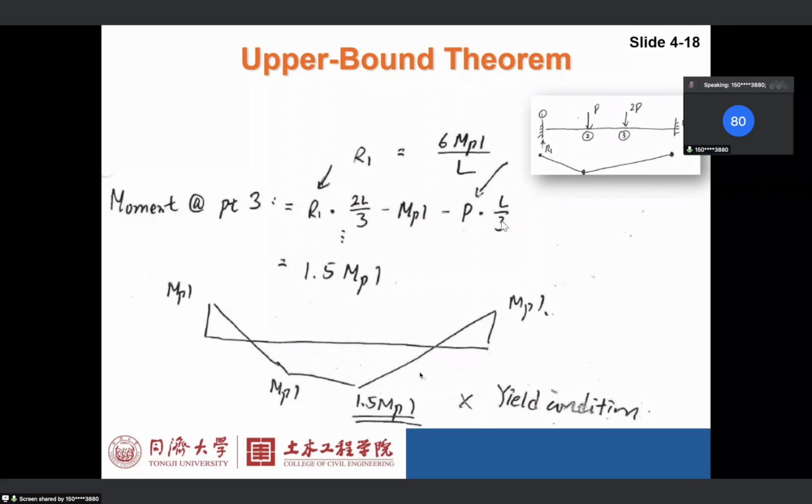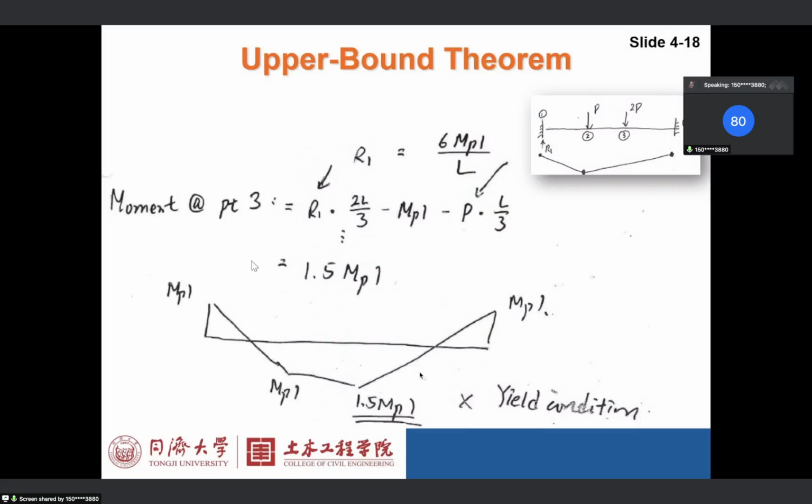So P times 3L over 3. These two are anti-clockwise, and this is clockwise. So basically clockwise minus anti-clockwise moment. We get the final moment here based on equilibrium. The final result is 1.5 MPL.